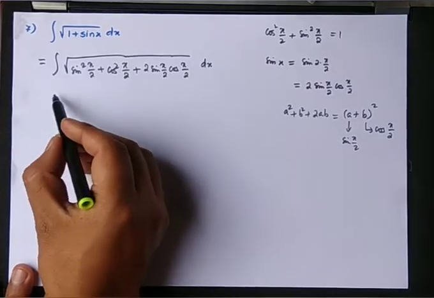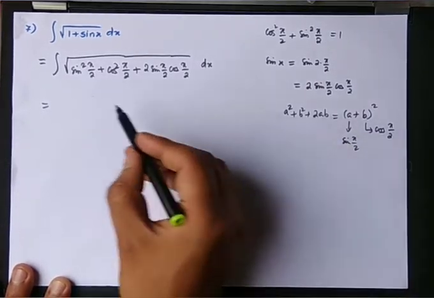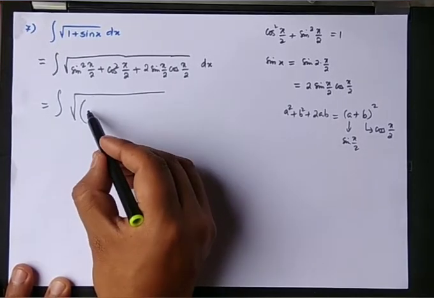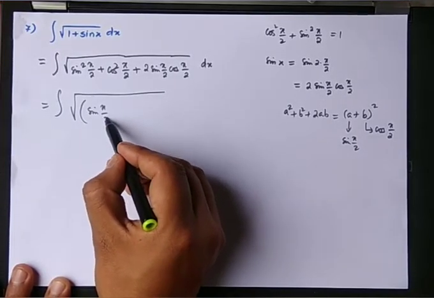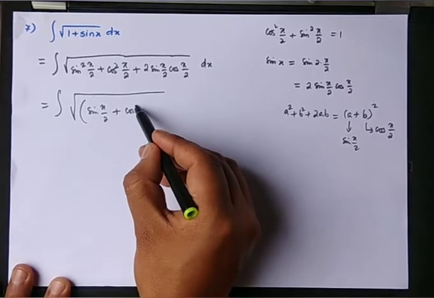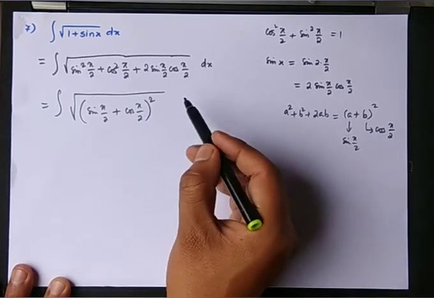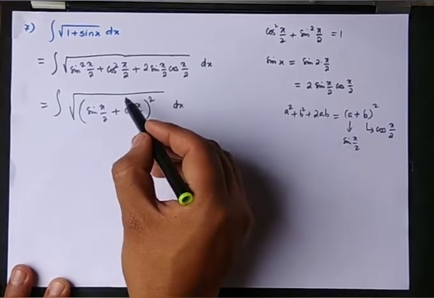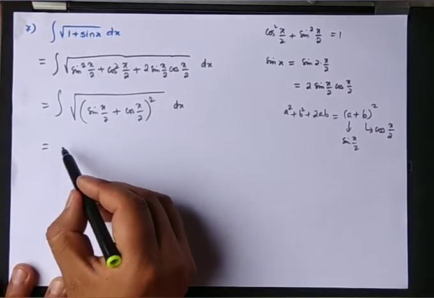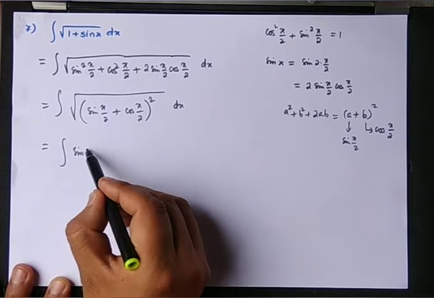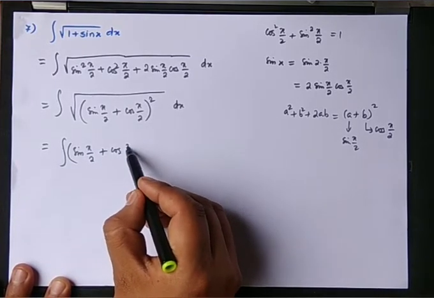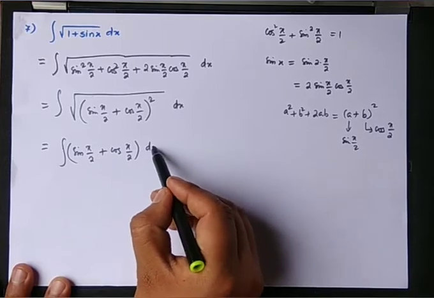So let us put the formula. We have the square root of a plus b whole square, and dx out here, and the square root of this whole square becomes sine x by 2 plus cos x by 2 dx.